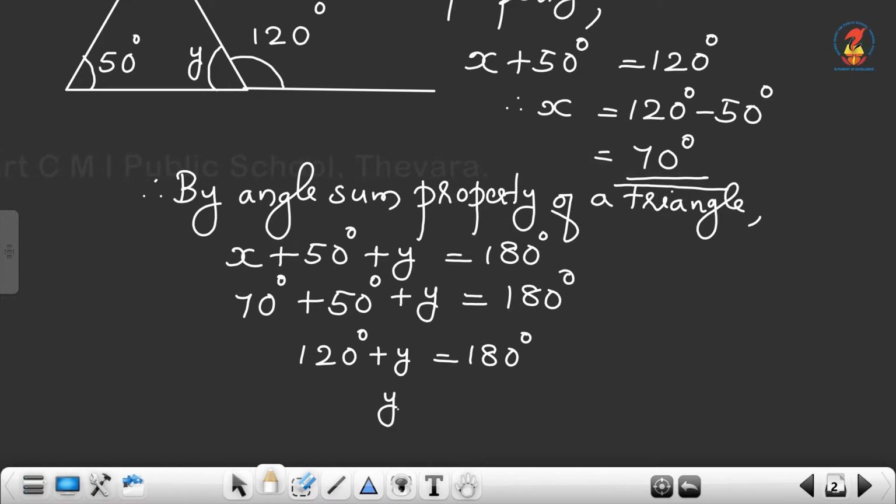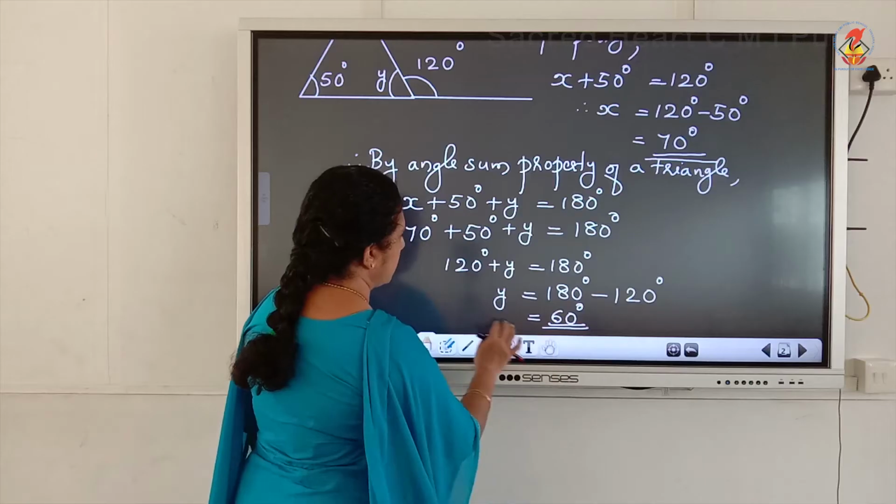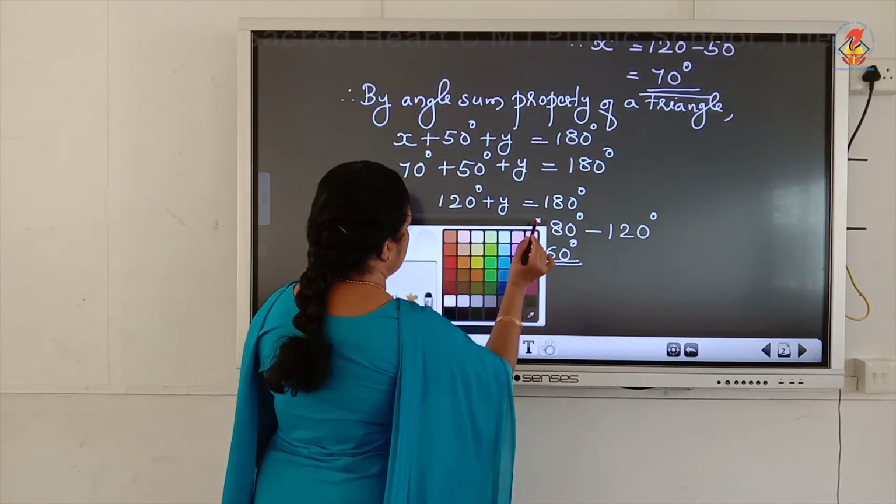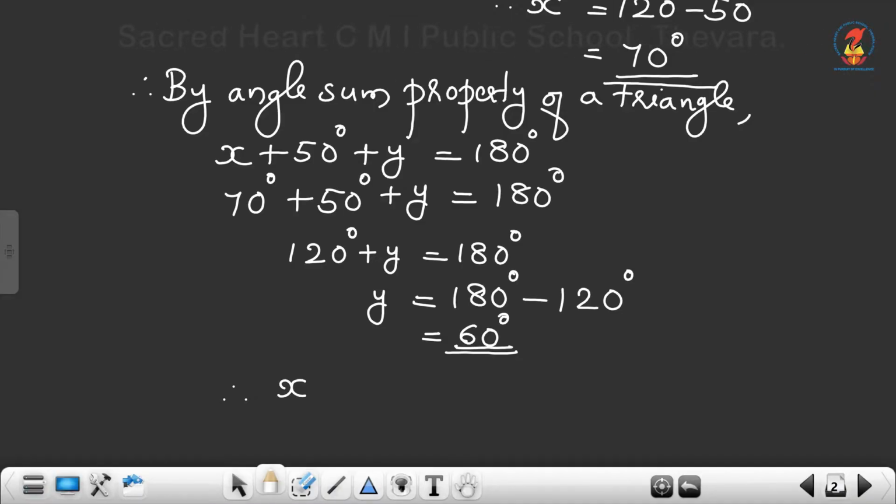Therefore, the value of y equal to 180 degree minus 120 degree, moving 120 degree from left hand side to right hand side, which is equal to 60 degree. Therefore, the value of x is 70 degree and the value of y is 60 degree.